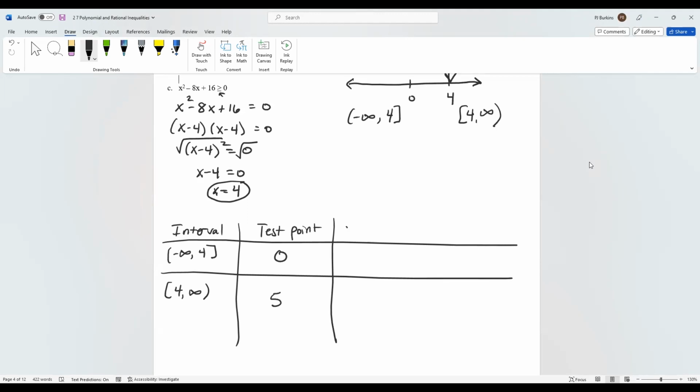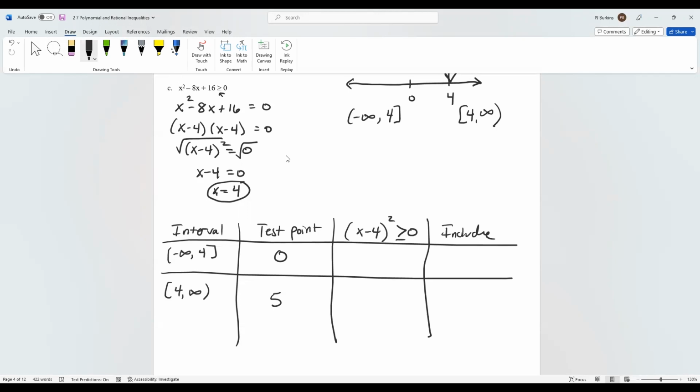Then we have the actual equation that we're going to plug into. And let's do this in factored form. It's always easy to substitute into that one a little better. All right, that's the same equation as x squared minus 8x plus 16. And then last part is, do we include, right?